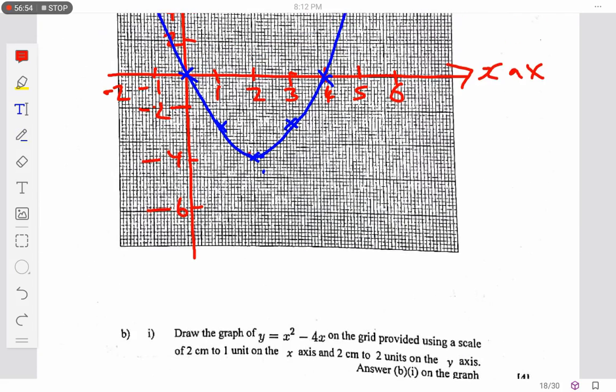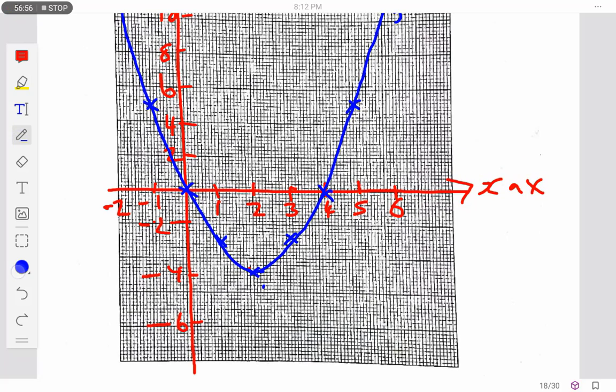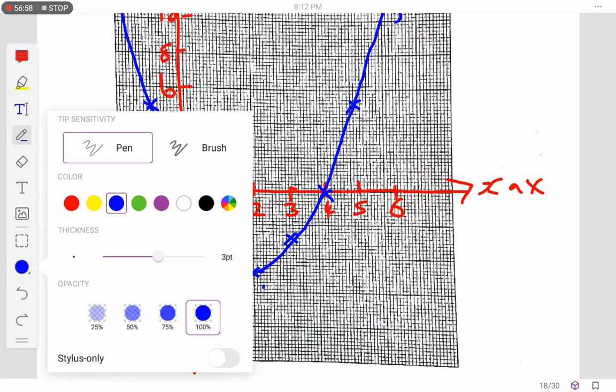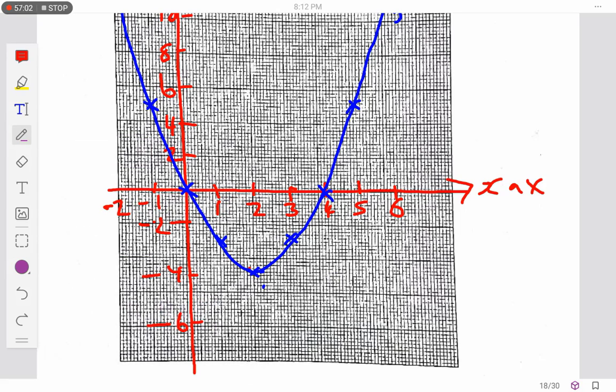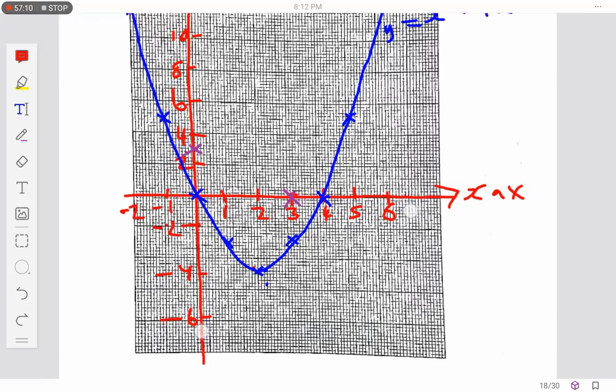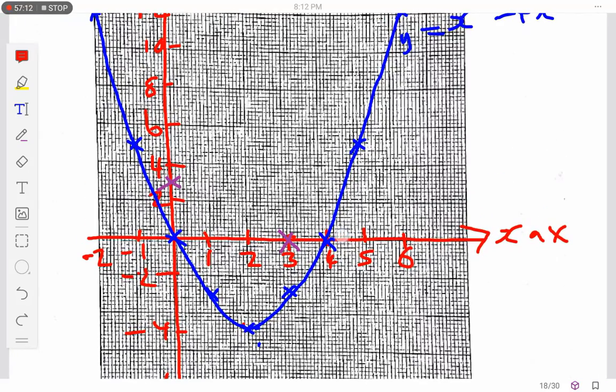Okay, so when x is 0, let me take a different color. When x is 0, this is the line, it's going to be 3 there. When y is 0, it's this way. So drawing that one, there is going to be a straight line passing through these points here. Let me see if I can make it right here.